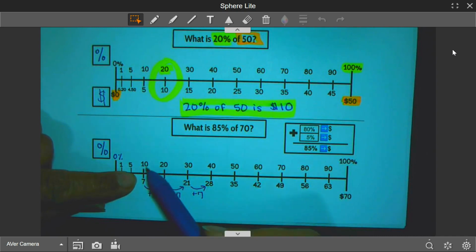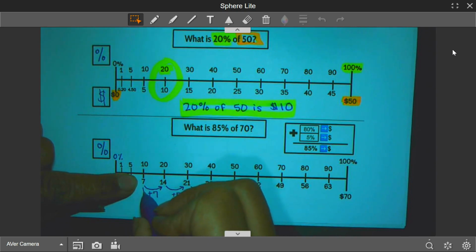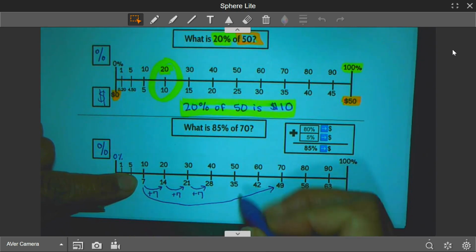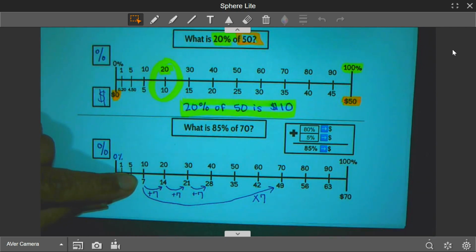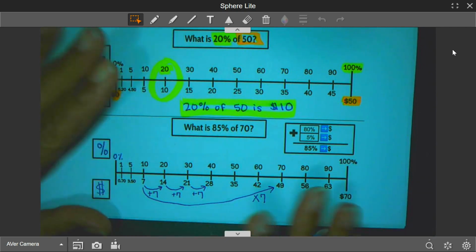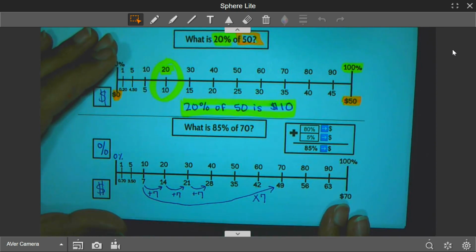Since our ratio is 10%, $7, you add 10% each time, and our pattern is to add 7 each time, or 7 times 2, 7 times 3, 7 times 4, 7 times 5, 7 times 8, and so forth. So we should notice that pattern still when we're working with a double-sided number line like our ratio tables.